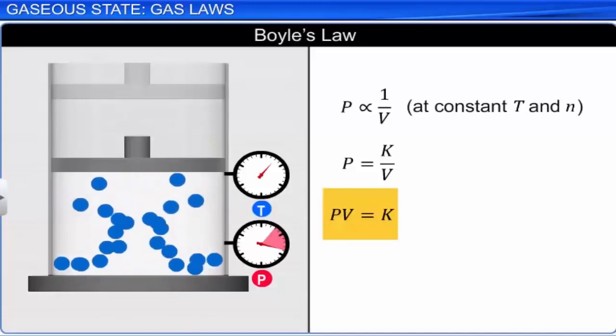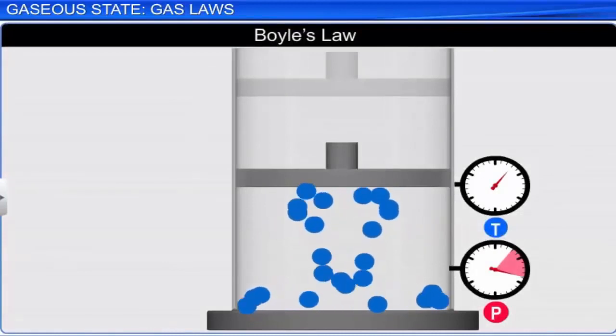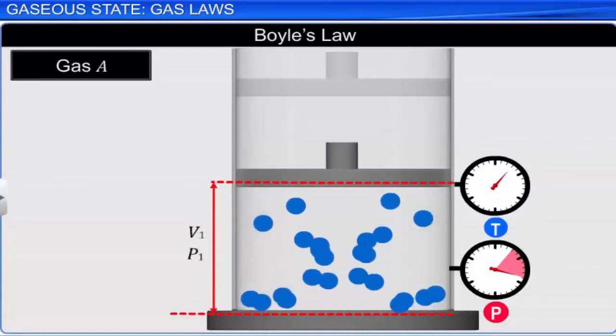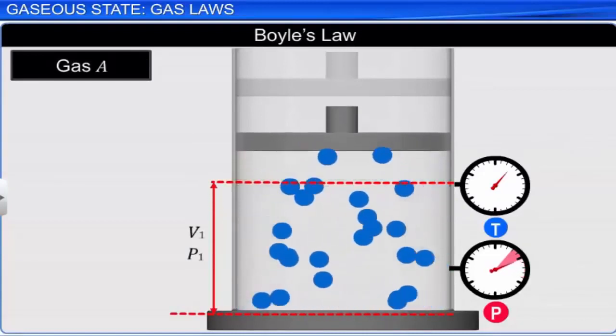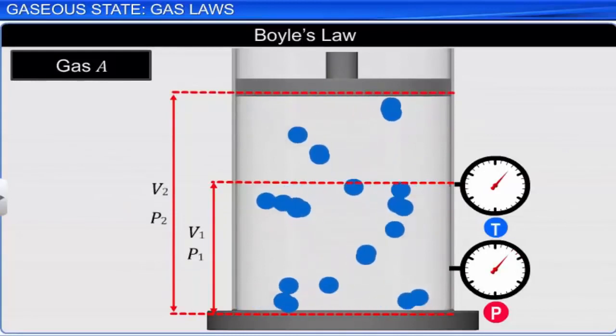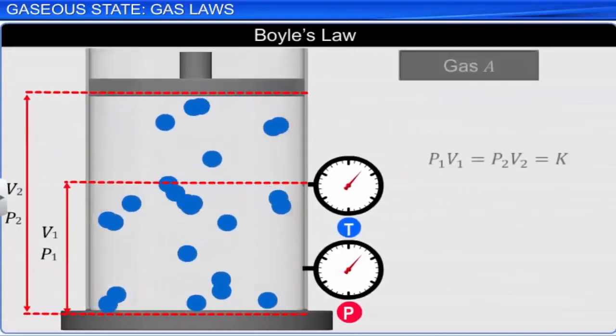For example, if n moles of a gas A occupying volume V1 at pressure P1 expands to volume V2 and pressure P2 at constant temperature, then P1V1 is equal to P2V2, which is constant.